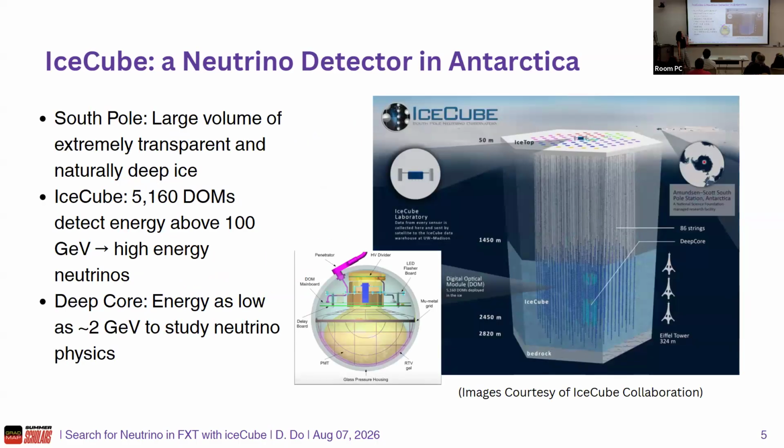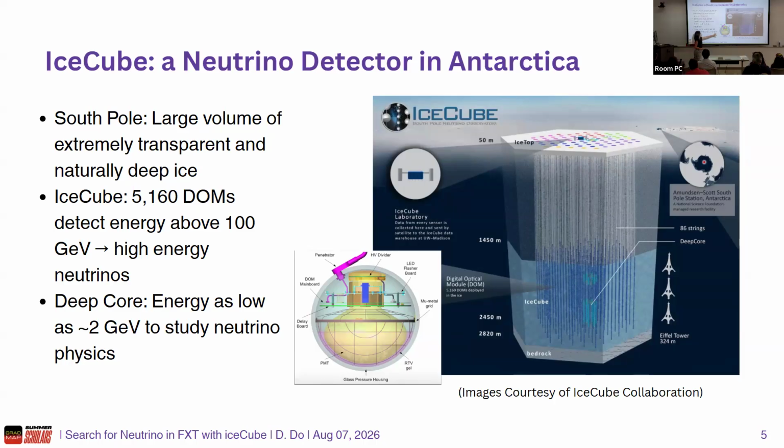So we'll talk about IceCube. IceCube is a neutrino detector built under the ice of Antarctica. It is very huge, and you can see how huge it is by comparing it to the Eiffel Tower right here. These are the strings of IceCube, and on these strings in total we have 5,160 DOMs, or digital optical modules.